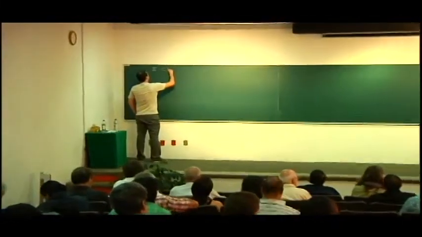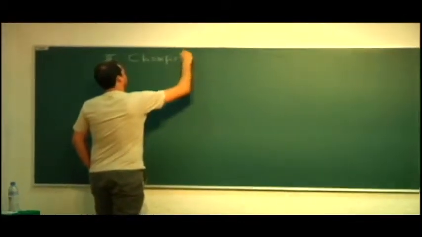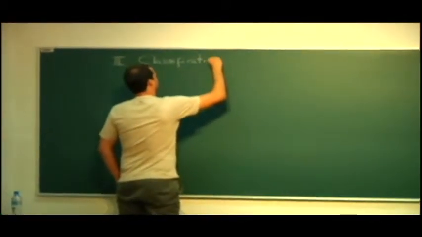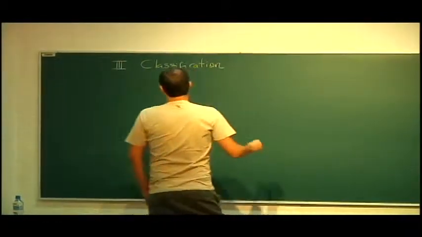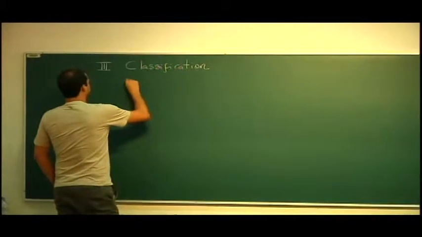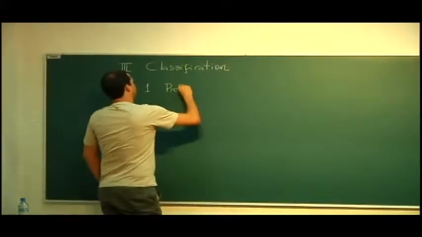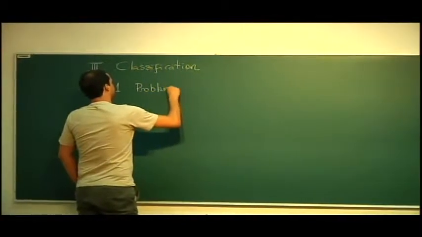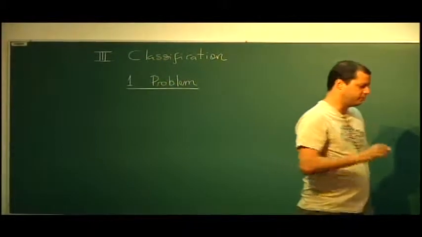So the third part is about classification. Now, I'm going to focus for a while on the projective spaces, and I want to discuss the problem that we want to look at.